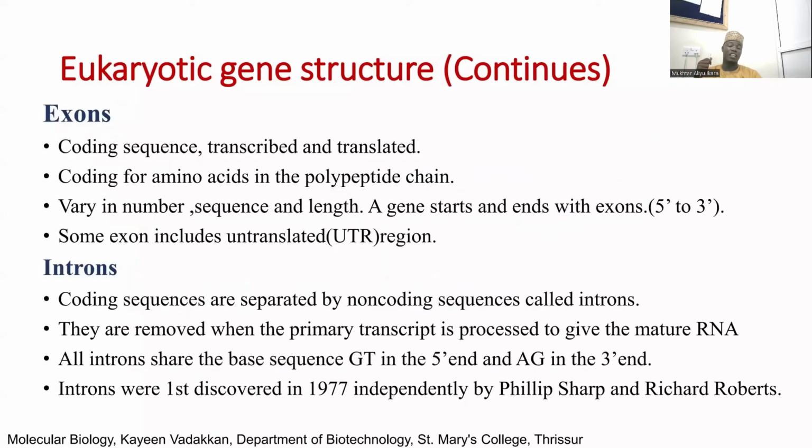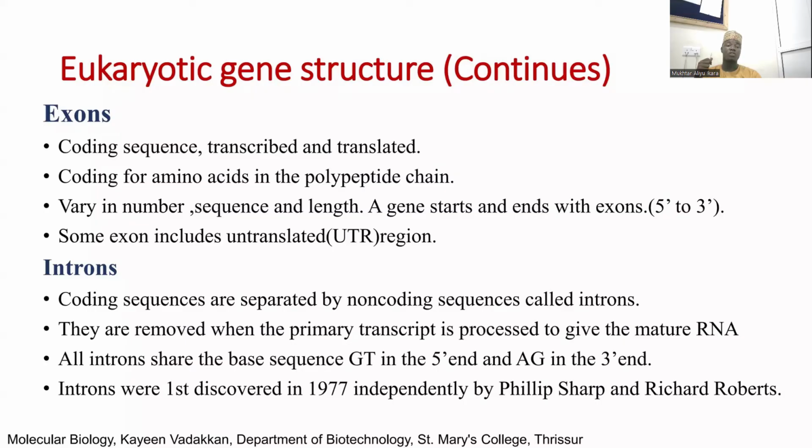So these are the exons and introns. Exons are the coding sequences, transcribed and translated, and they are responsible for coding for amino acids in the polypeptide chain. They vary in number, in sequence, and in length. A gene starts and ends with exons from 5' to 3'.